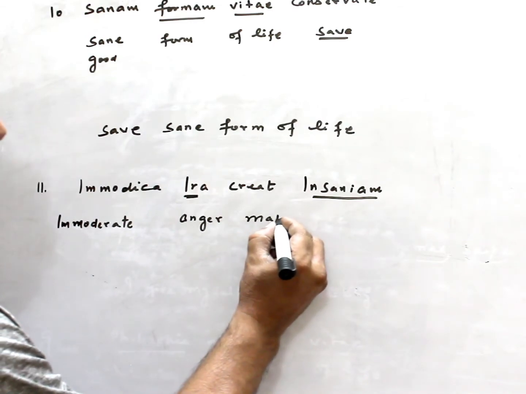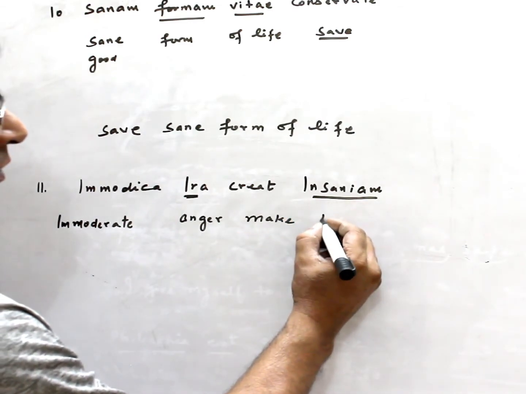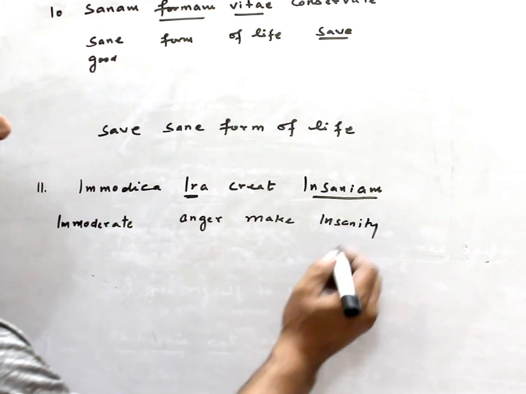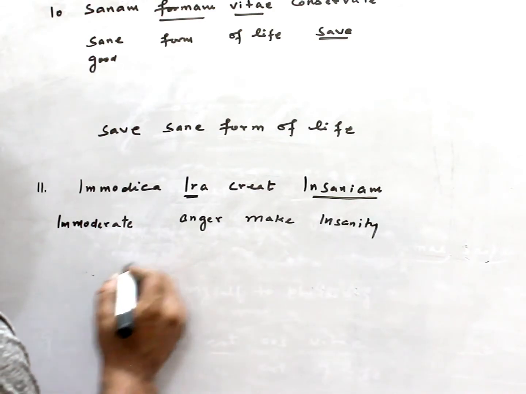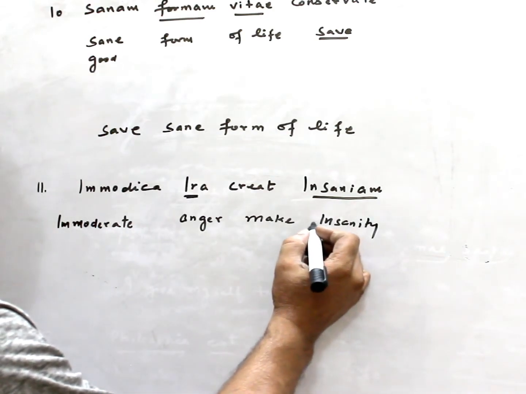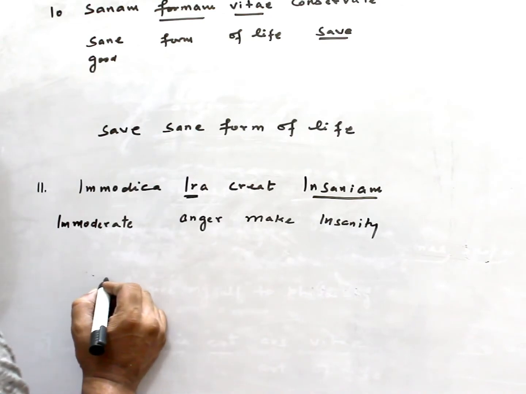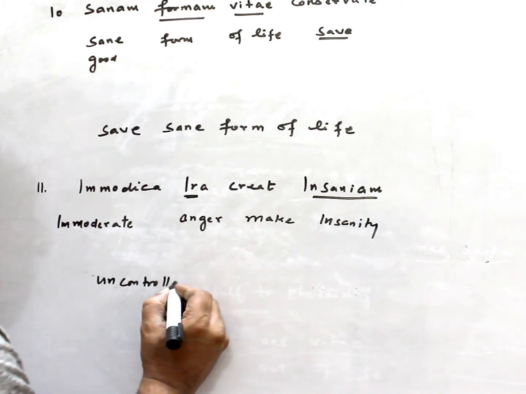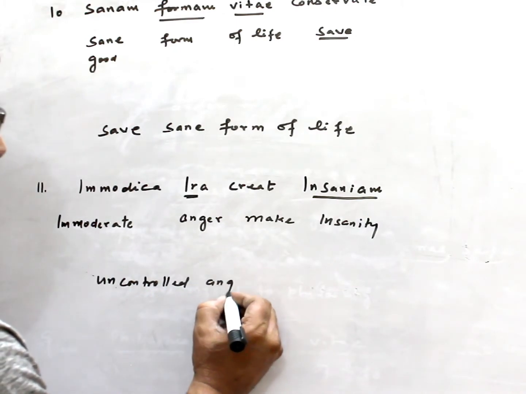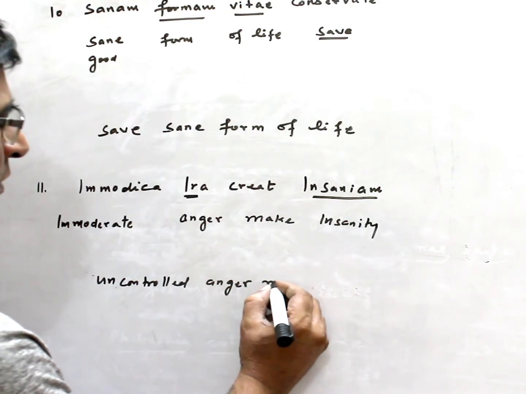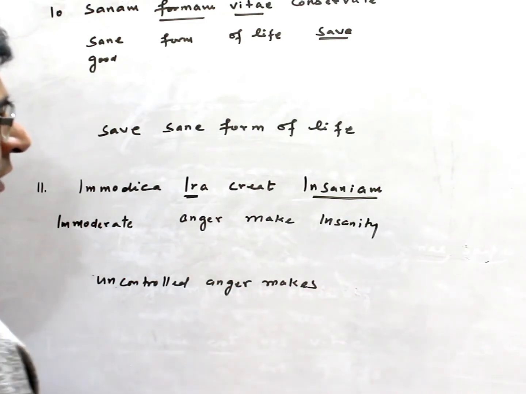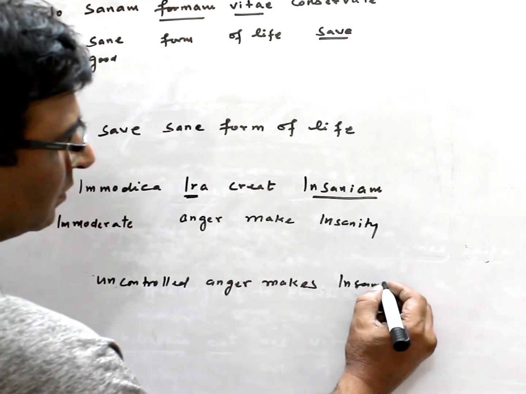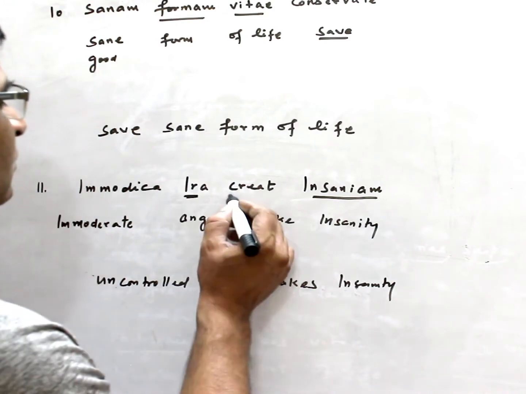Creat means makes. Insania, insanity. So this means uncontrolled anger makes insanity.